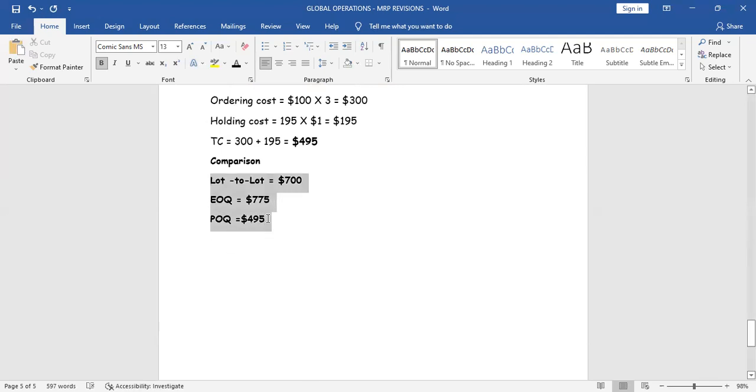And with these three comparisons, we can deduce that the best planning method here under material requirement planning is the one with the lowest cost.